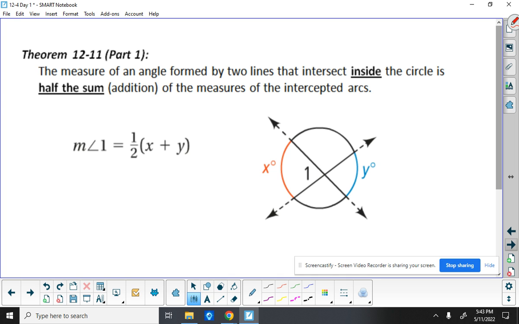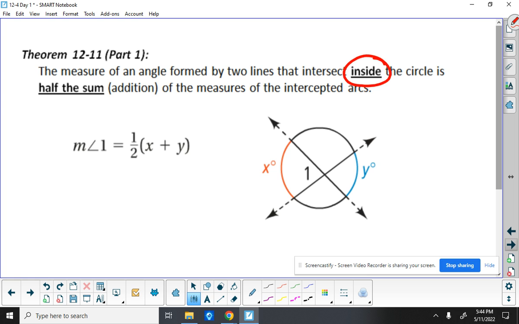So today we are looking at the measure of an angle formed by two lines that intersect inside the circle. I've got two lines that intersect inside the circle, and here's what we know.